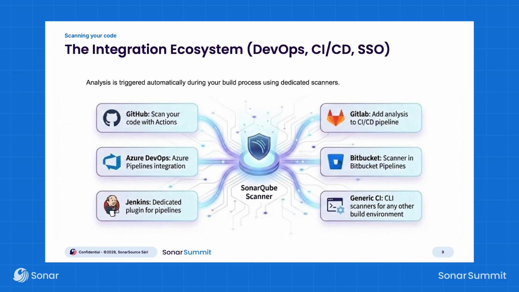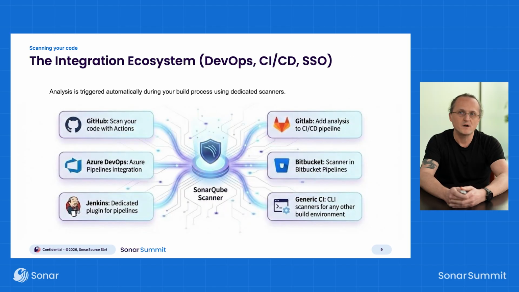Moving on through the enterprise architect's workflow, the next step, once we have onboarded projects, once we have users that are able to log into SonarQube, we also want to obviously start scanning the code, start improving the code quality within our organization. And that is where you integrate your pipelines with SonarQube. So by default, all the major players are supported.